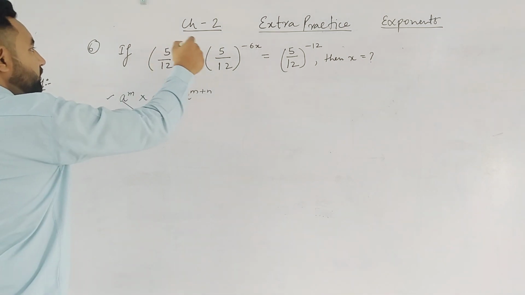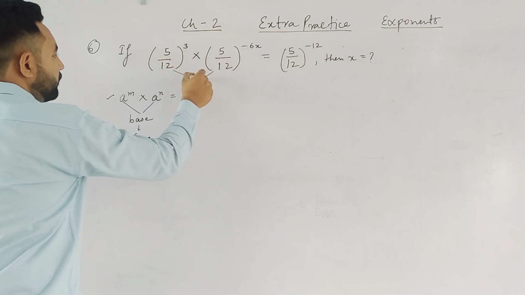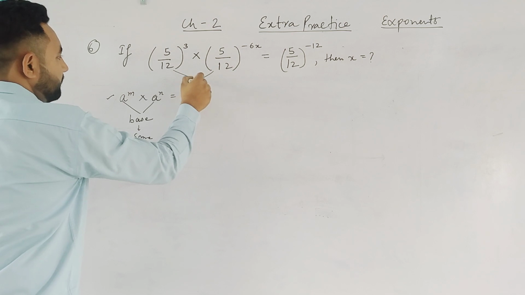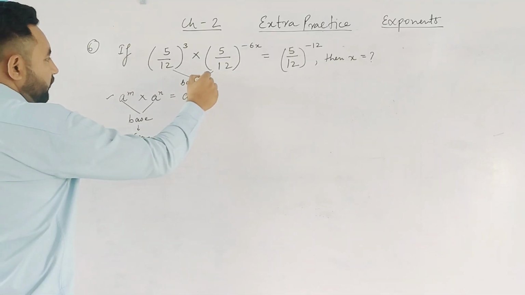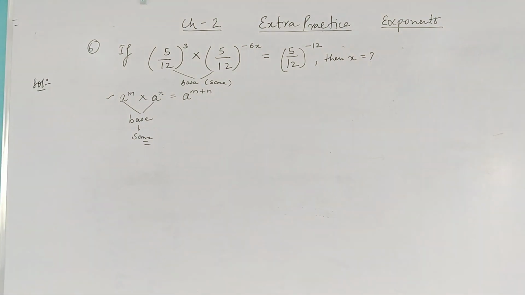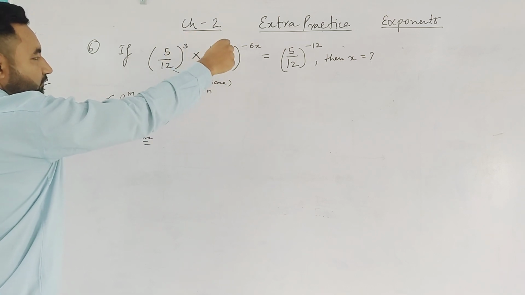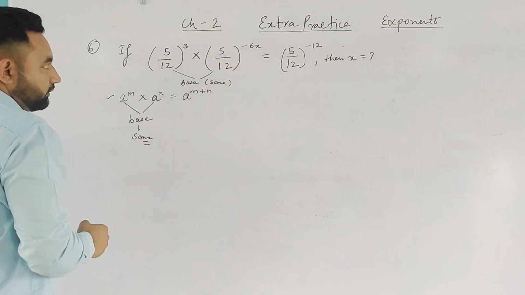Likewise, this 5 upon 12 is also the base and it is also the same here. So can we use this law of exponent in 5 upon 12 to the power 3 multiplied by 5 upon 12 to the power minus 6x?